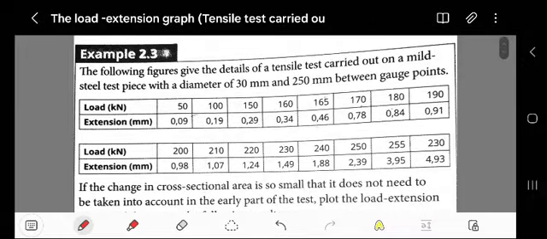The first point is 0.09, which goes with 50.